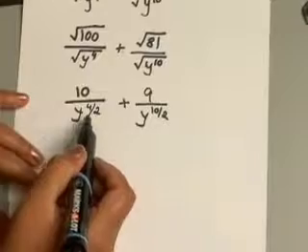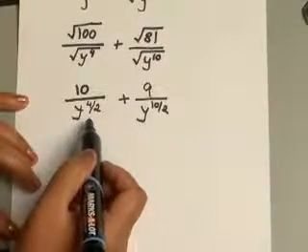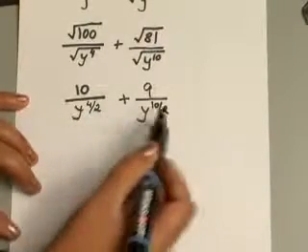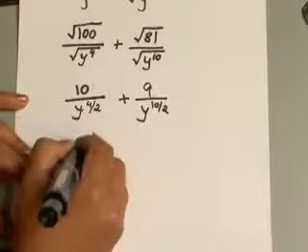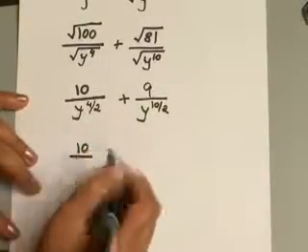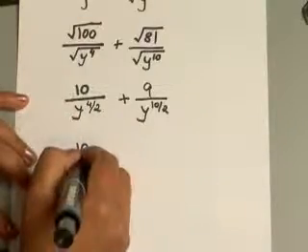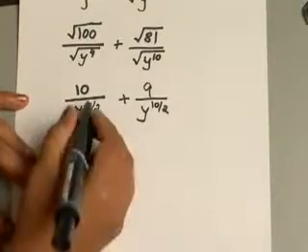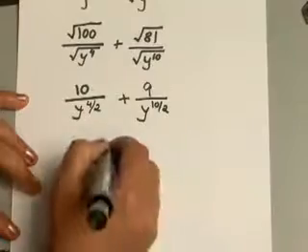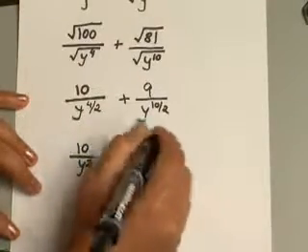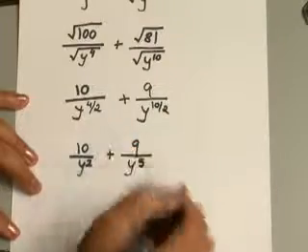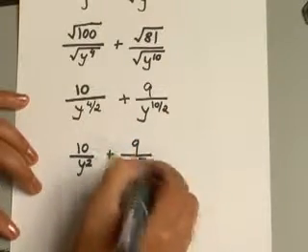Now you can see once we write these as rational exponents, it's much easier to reduce those numbers down. So we end up with 10 over y to the 2nd. Okay, 4 divided by 2 will give you 2. For the other one, you have 9 over y to the 5th. 10 divided by 2 gives us 5.